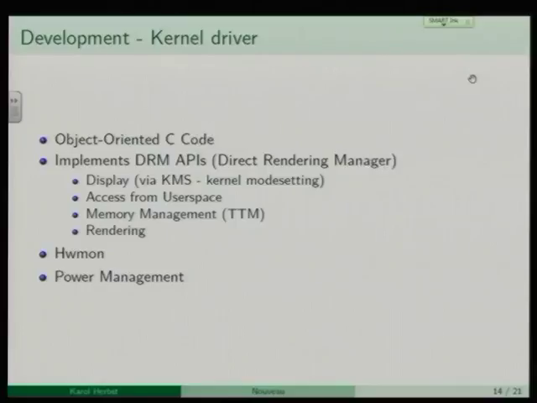So coming a little bit to development, which I think is kind of weird, is that we have an object-oriented kind of C style we are doing. glib is also doing some object-oriented C thing, and what we are doing in the kernel driver is similar, although we are using fewer macros for this, and it's usually just a table with function pointers.